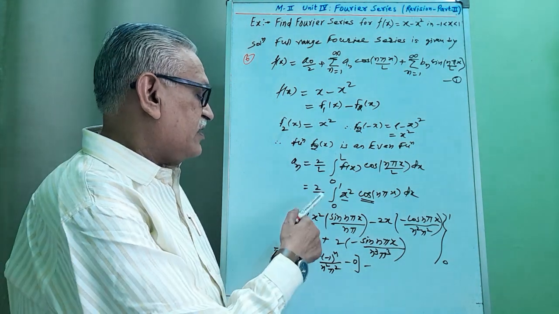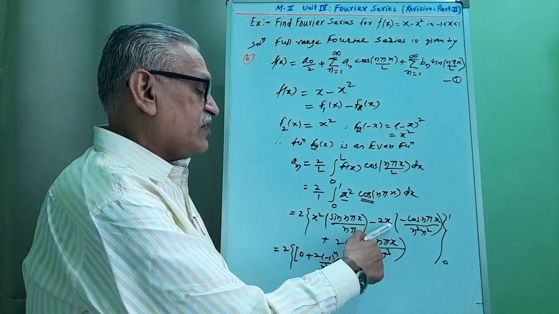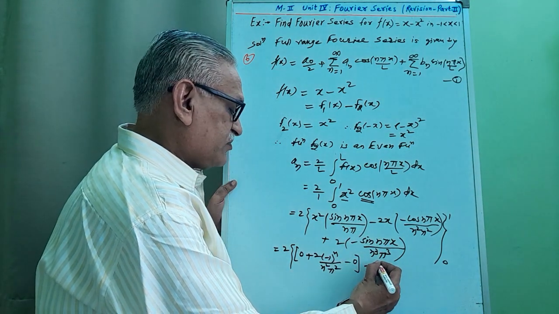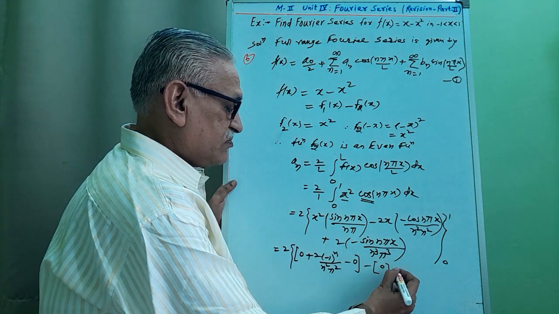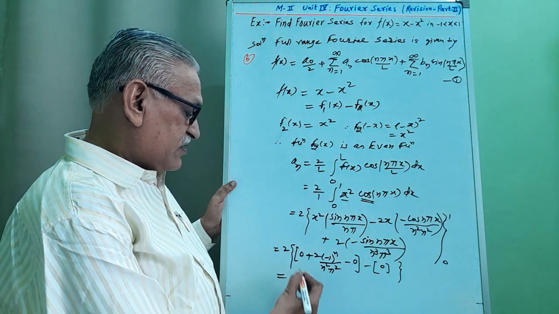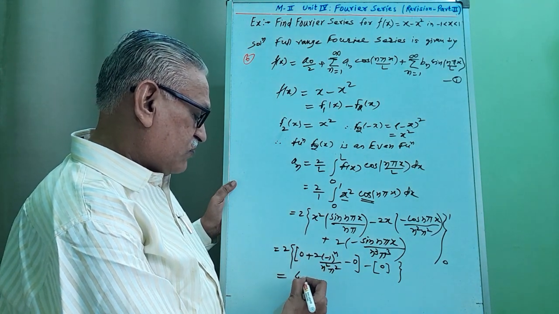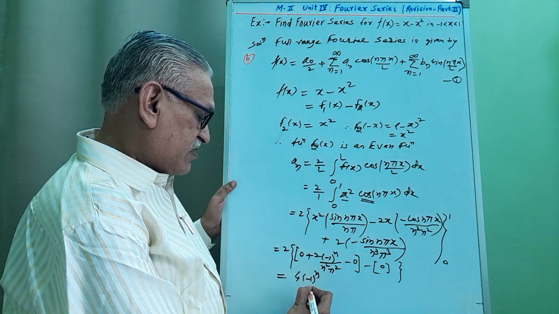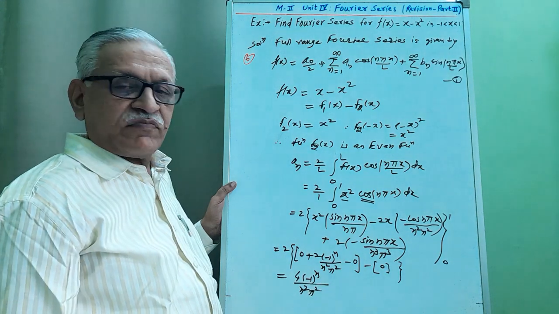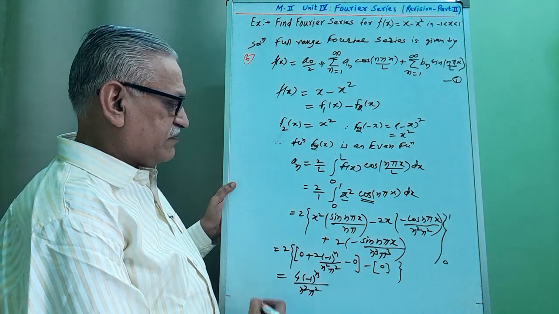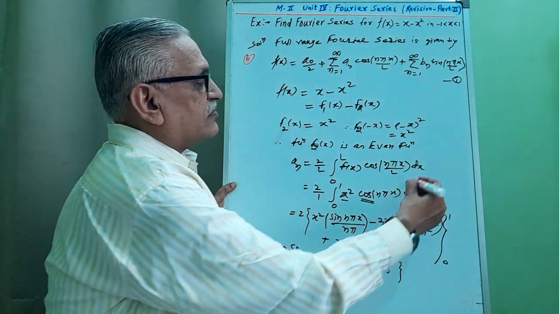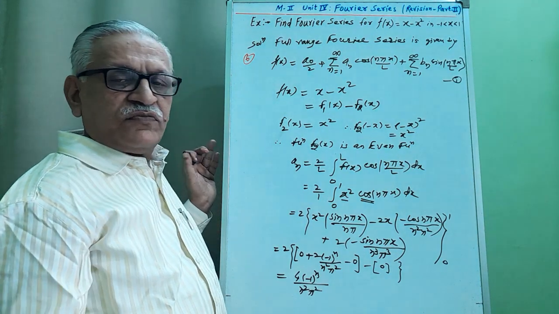For the lower limit, x is 0, and again sin 0 is 0, therefore all three terms are 0, and therefore if we simplify it, we get that value as 4 times minus 1 raised to n divided by n square pi square. This is the value of an, and bn is 0.